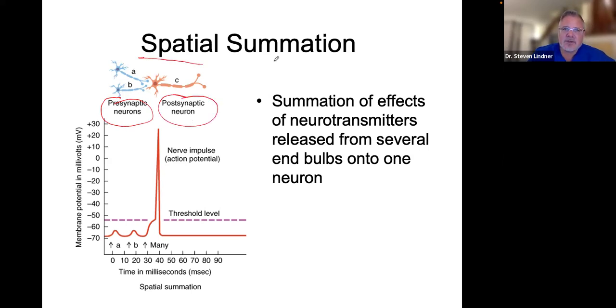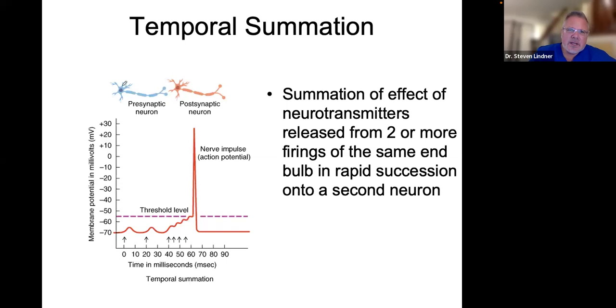Spatial summation is when you have many, many presynaptic neurons firing on a postsynaptic neuron one time. When we look at temporal summation, this is where you have one presynaptic neuron firing over and over in sequence, rapidly, one after the other.